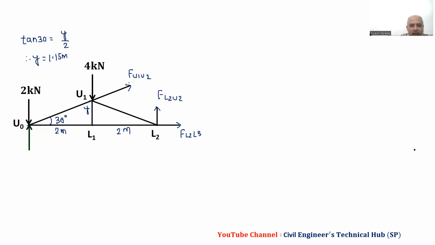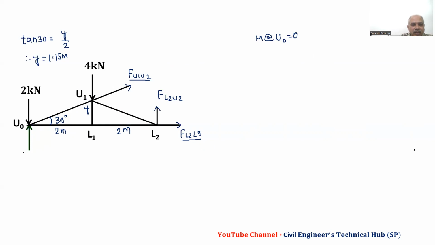Here F U1U2 and F L2L3 pass through U0. Therefore I will take moment about U0 equal to 0. F U1U2 and F L2L3 give zero moment, and the other members are not cut by this section, so we do not have a moment due to them.